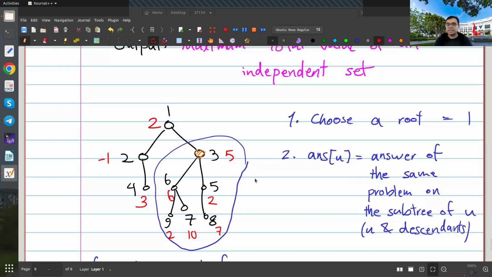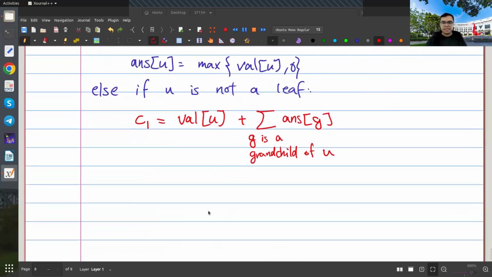Now, my second case is that I'm not taking the vertex u itself into my answer. So if I'm not taking that, then from each of the subtrees of its children, I can just pick the best possible answer. Right? So I can take the children if I want to. I can take whatever I want from the subtree of this child, whatever I want from the subtree of this child, and so on. So in the second case, remember my first case was the case where u is taken.